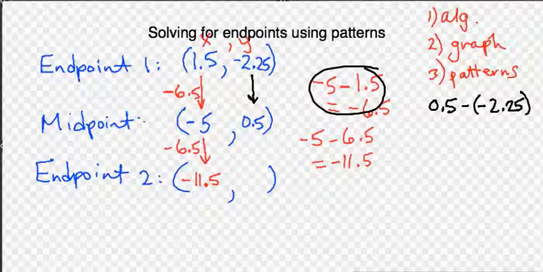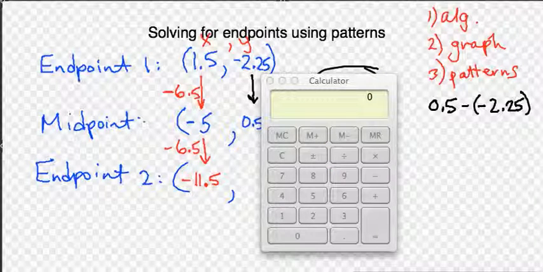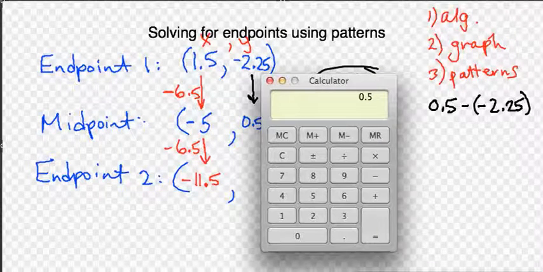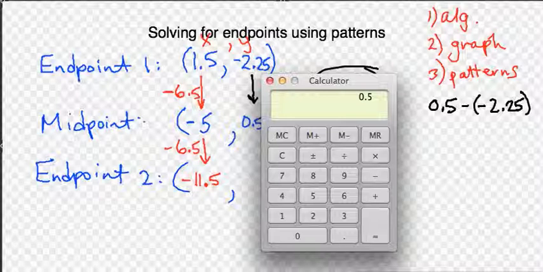This will tell us where we have to go. So 0.5 minus a negative, so really that's like plus 2.25. Remember, minus negative is plus.